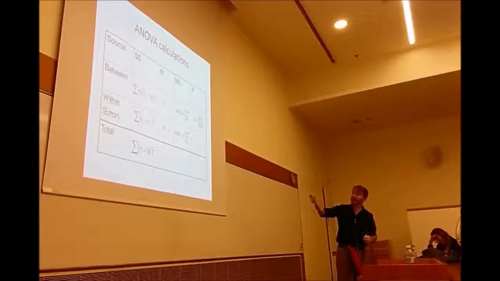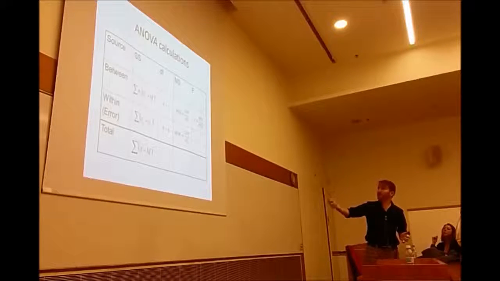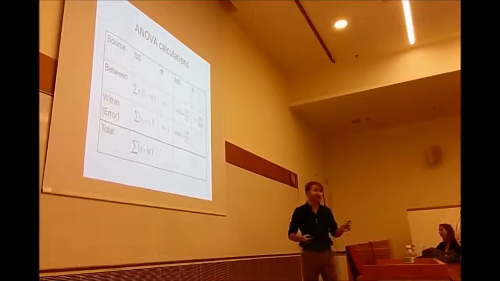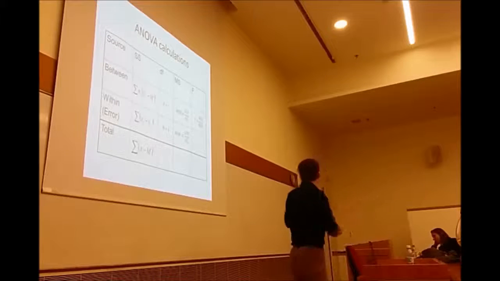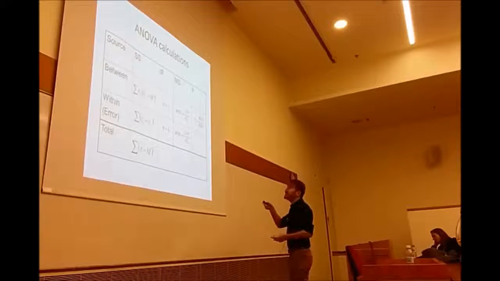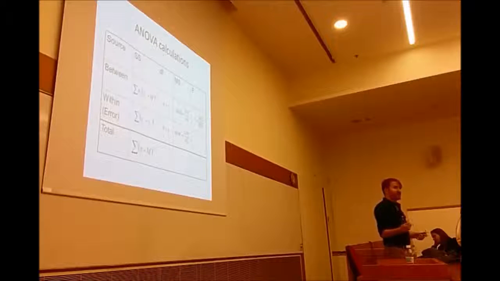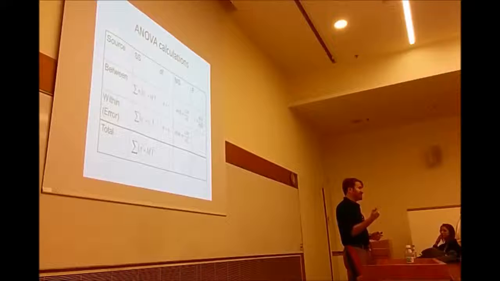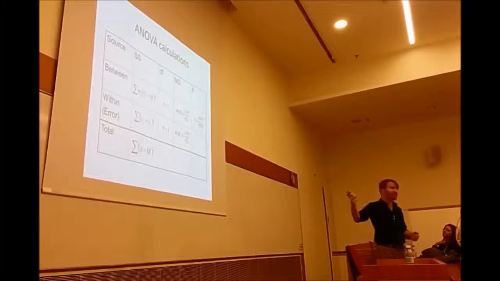You're going to have the sum of squares, which we worked on now. Afterwards, you're going to have degrees of freedom. Each component has different degrees of freedom. Degrees of freedom between is k minus 1. What's k? k is the number of groups. In Hebrew, it's easy to remember: kfutzot is the Hebrew word for groups.